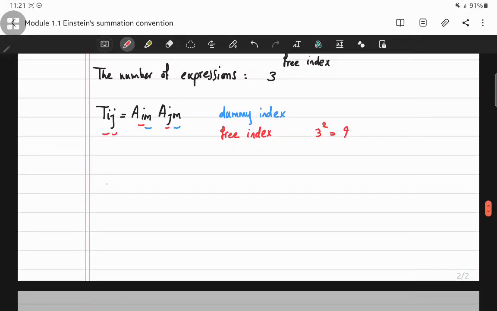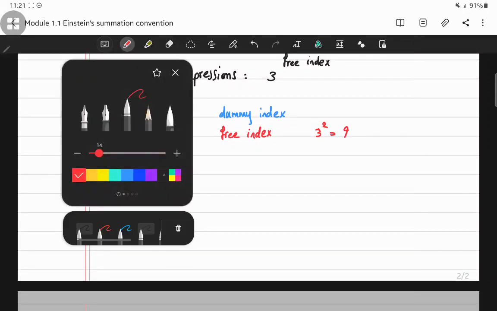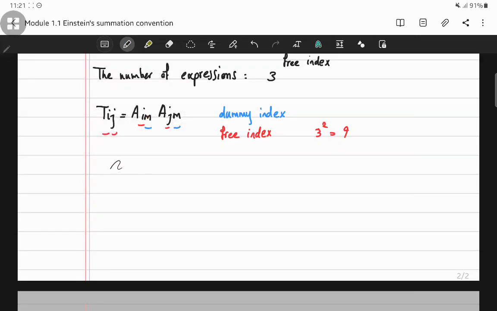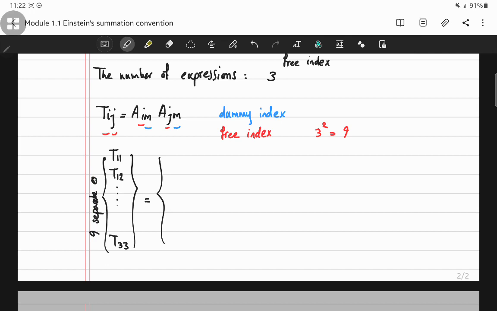For example, your expressions range from T11, T12 to T33. So you have 9 separate expressions here.